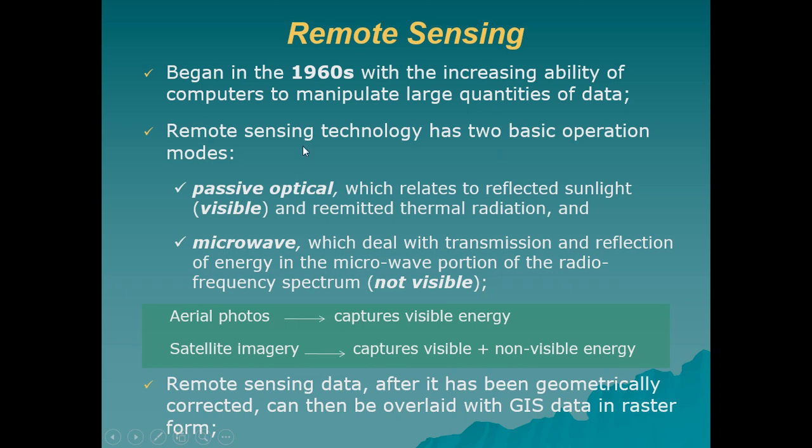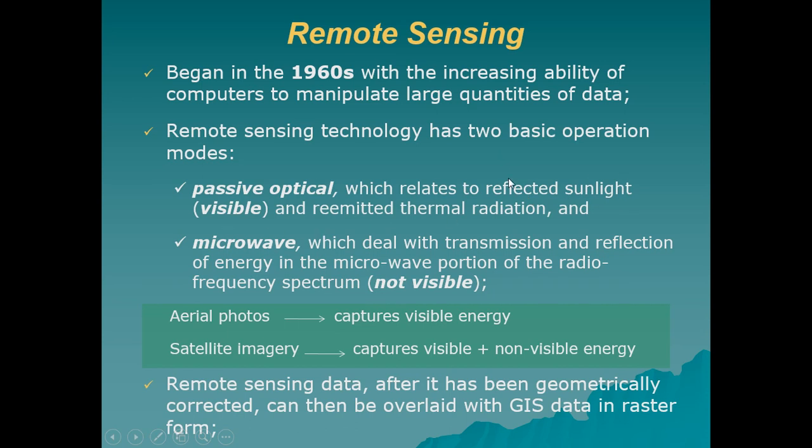Alright, so the remote sensing technology has two basic operation modes. Basically what I want you to know here is that you have two categories. You have the visible type of remote sensing data collection. This is what relates to the reflected sunlight.